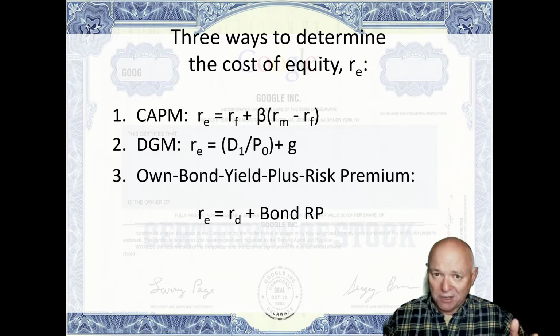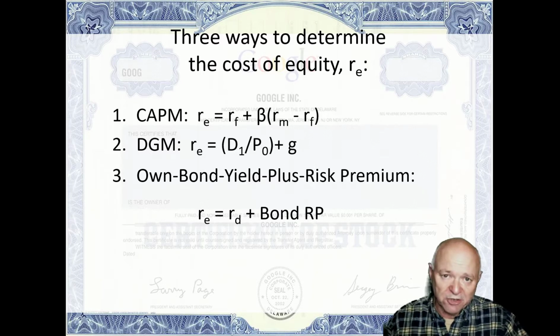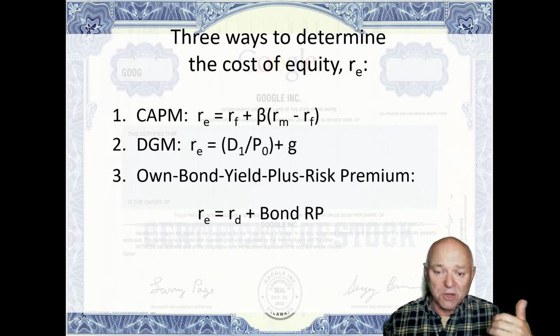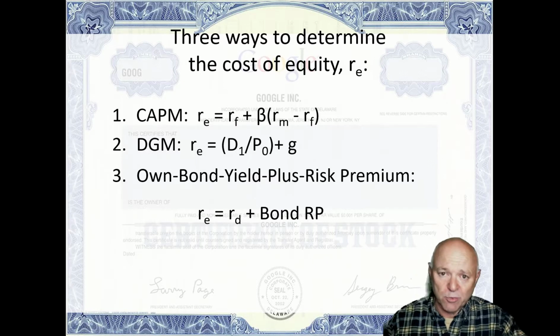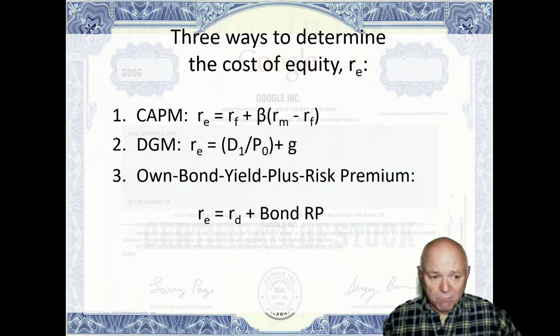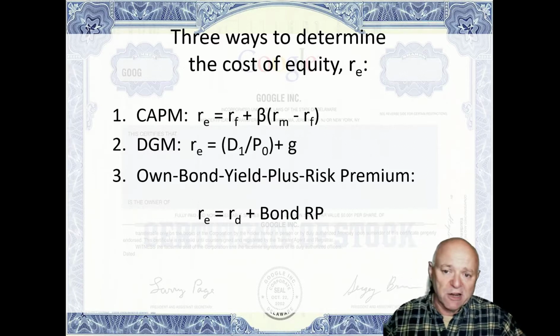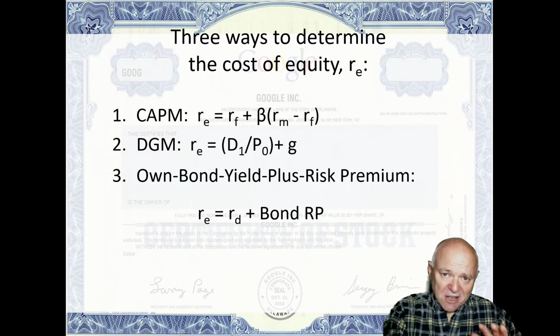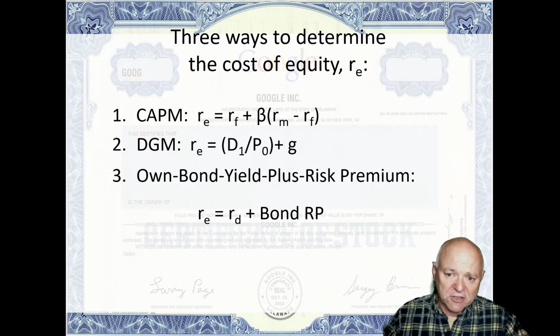CAPM, the capital asset pricing model, is the one that we discussed in the risk and return videos, where we talked about the cost of equity, or our required rate of return to equity, being equal to a baseline risk-free rate. Whatever the government is willing to pay on government bonds, we could put our money into that and earn that without taking any extra risk.